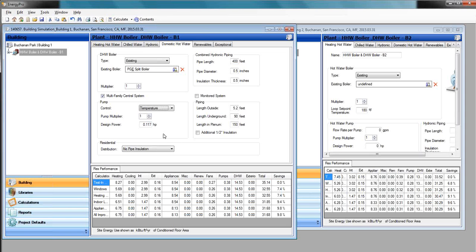And the design horsepower. So design horsepower, or design power, is different than a rated horsepower. Your rated horsepower is what the pump is rated as. So it's a half horsepower.